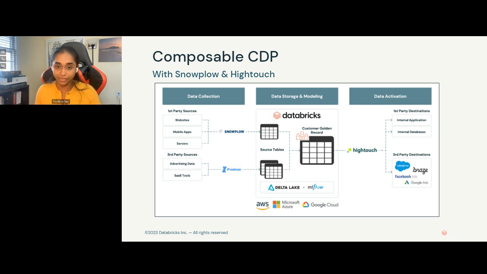So your data engineers might be curating and building the architecture of this, but your data scientists and SQL analysts can tap into the same data, a single source of truth, to build applications out of it. I think the biggest takeaway of this integration is that you're not building a siloed CDP solution.